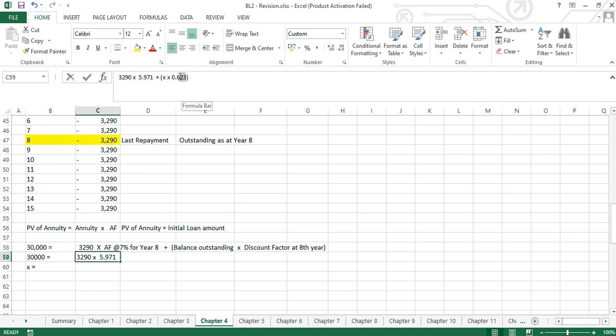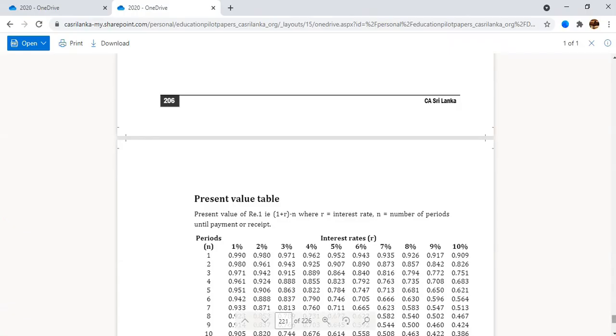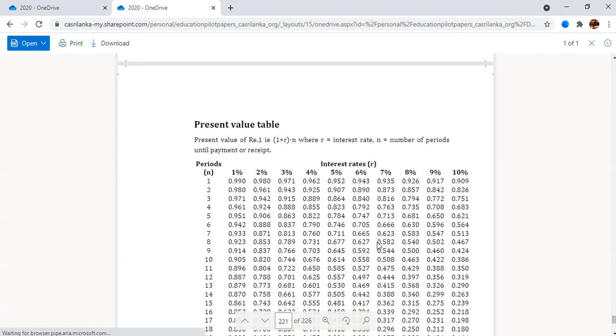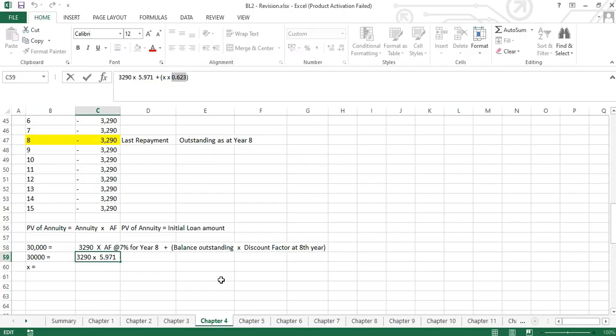The discount factor at year 8 is actually 0.582, apologies. If you resolve this, it will be 3,290 multiplied by 5.971, minus 30,000, divided by 0.582, which is 17,792.8.